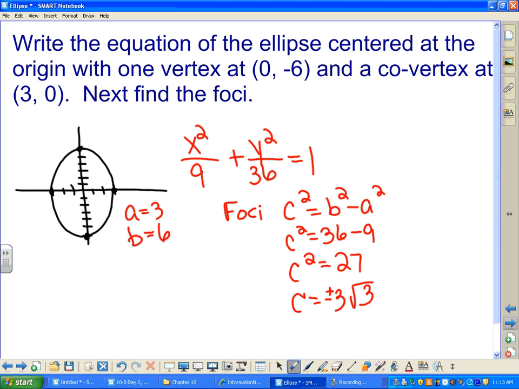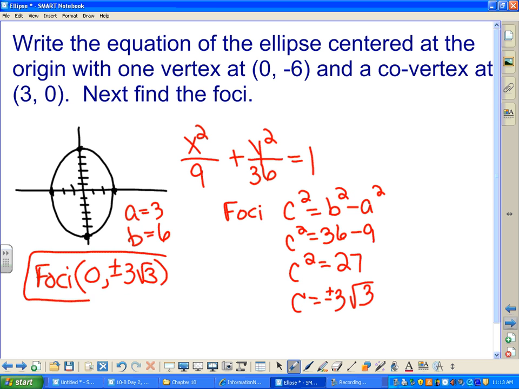Now, is that on the X or the Y axis? The Y. So the coordinates of my foci will be (0, plus or minus 3 root 3). Any questions on how I got the equation or the foci?